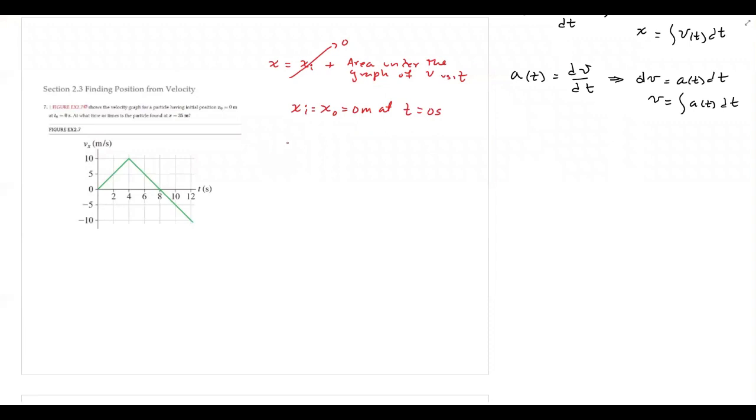Now, at the same time, I want to analyze what is going on in each interval of this graph. So from 0 to 4 seconds, from time equals 0 second to time equals 4 seconds, the velocity of the particle is increasing.